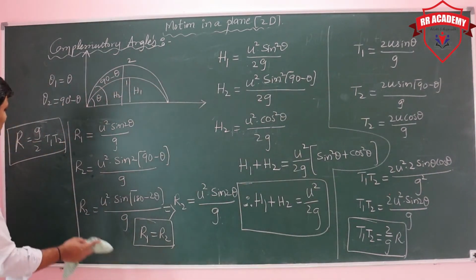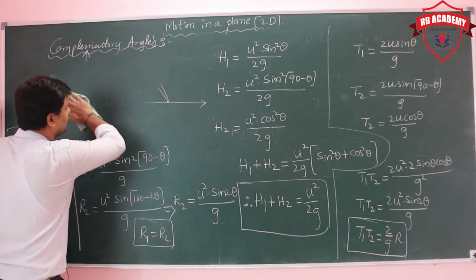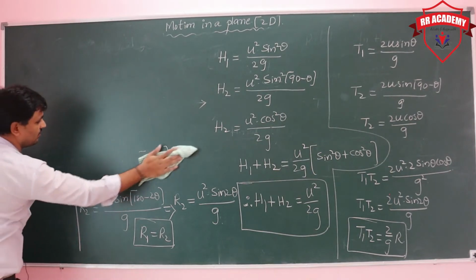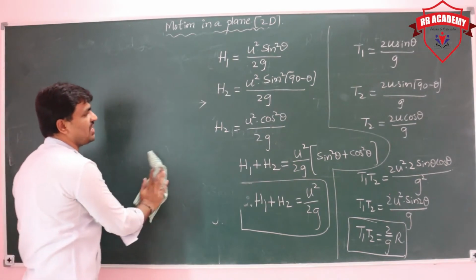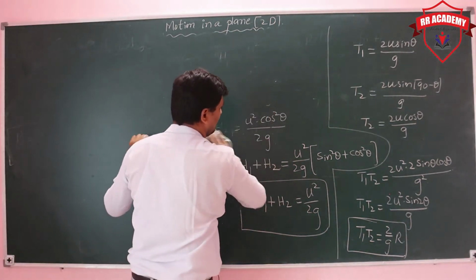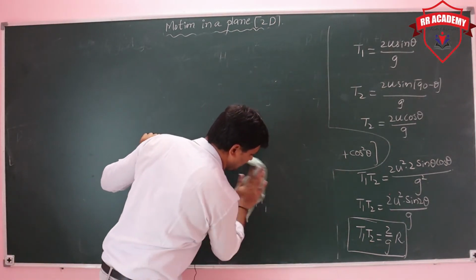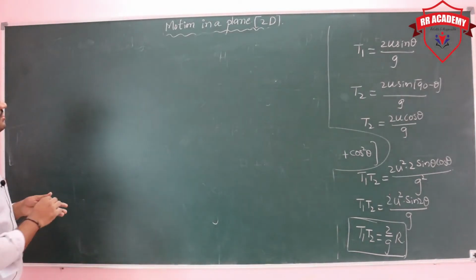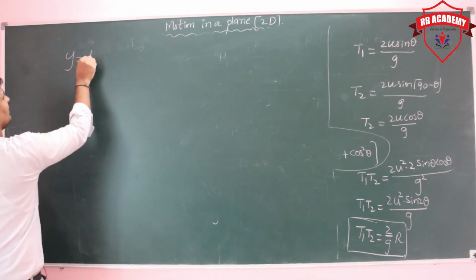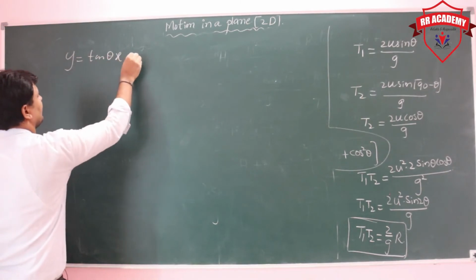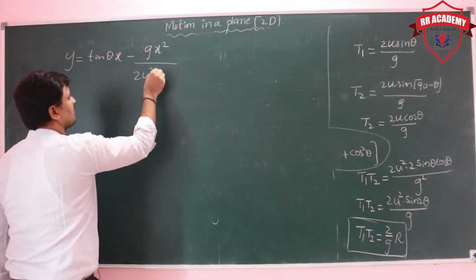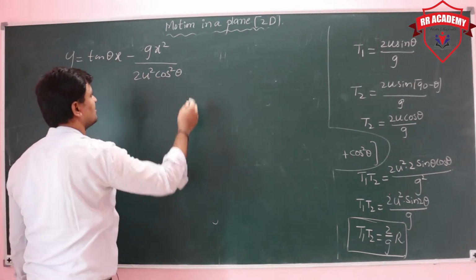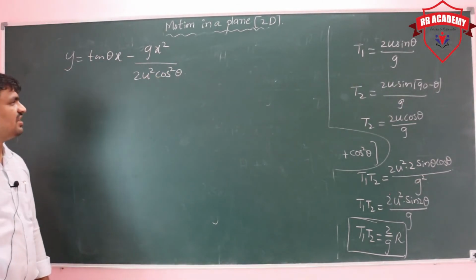Lastly, for the range, we will take one more expression. We know the equation of the projectile: y is equal to tan theta x minus g x square upon 2u square cos square theta.